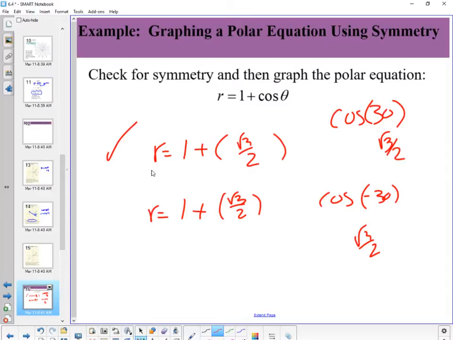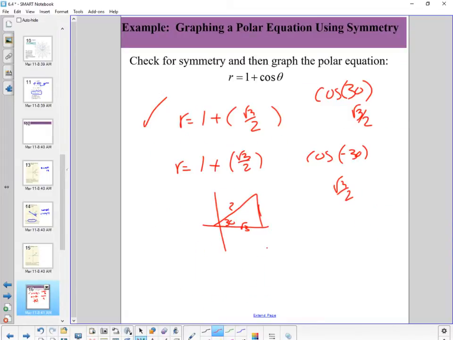Okay, we're good. Here's my positive 30. This is 2, radical 3, and 1, correct?